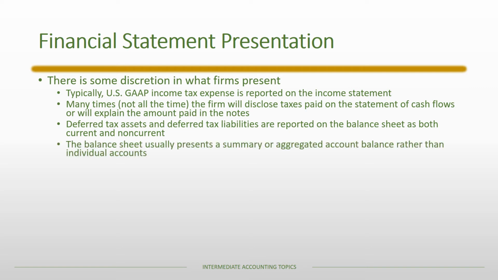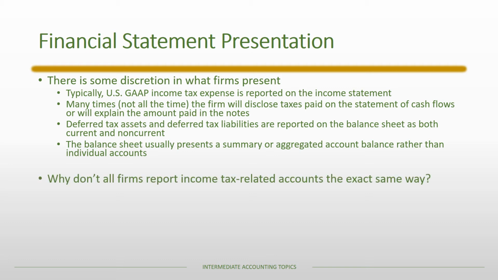The balance sheet usually presents a summary or aggregated account rather than individual accounts. So there's usually like a net deferred tax asset or a net deferred tax liability. Again, firms could have hundreds, if not thousands, of individual items that create a deferred tax asset or deferred tax liability. In this presentation, we just sort of aggregate them all together.